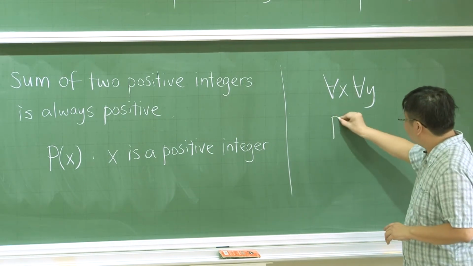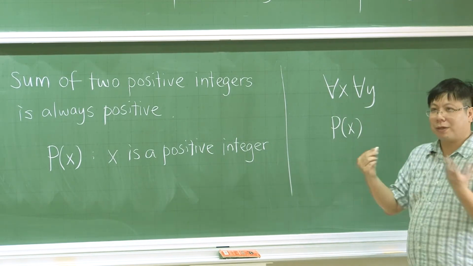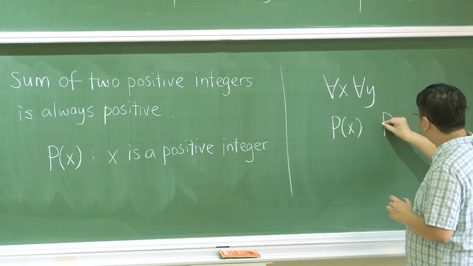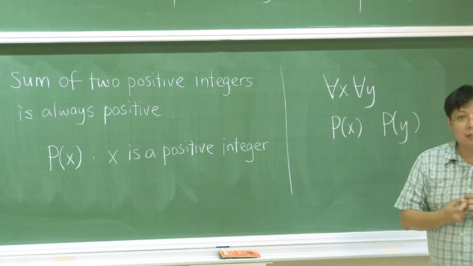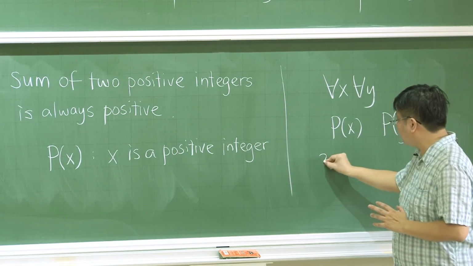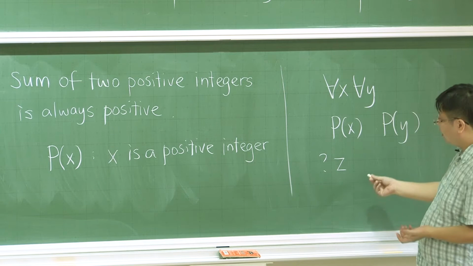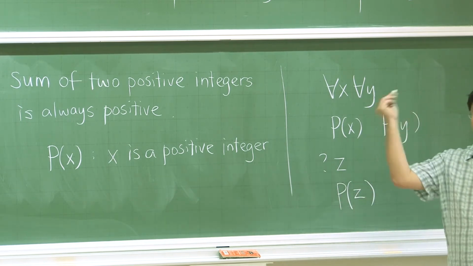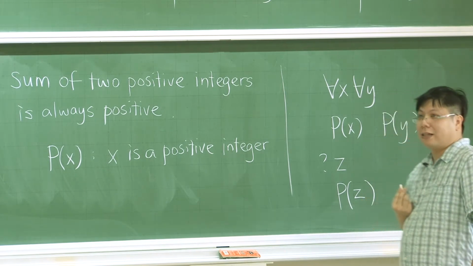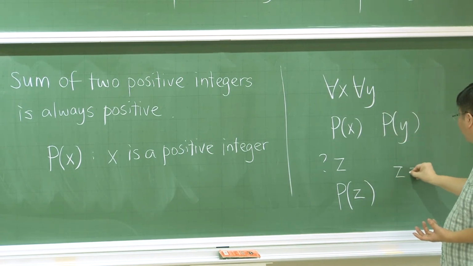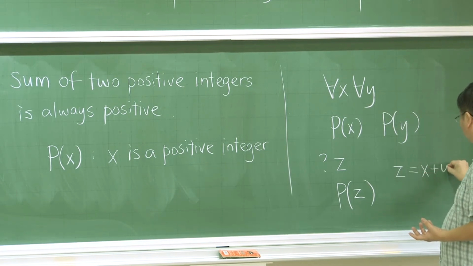We need to have P(x), because it states x is positive. We also have some P(y), it states y is positive, right? We need a certain quantifier on z, and then we need to talk about P(z) as well. So these are the things that we need to combine together. Is that okay? And then the relationship between x, y, z is z equals x plus y.